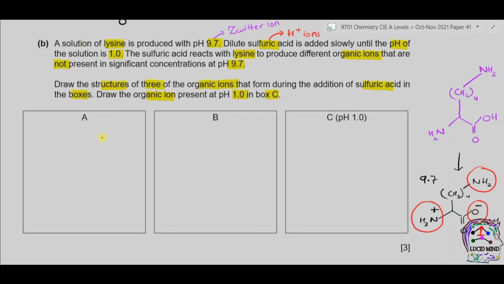So the structure will be like this: NH2, (CH2)4, we have NH3 positive on this side, and as we are adding dilute sulfuric acid, this O negative is attached with a proton from the dilute sulfuric acid, and overall just +1 charge will be present.